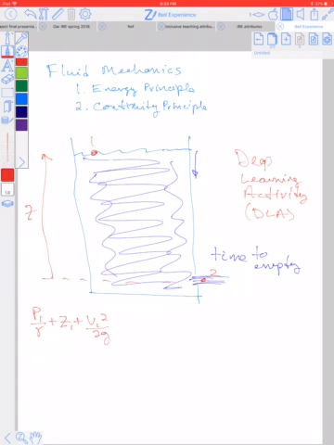So the pressure at point 1 divided by its specific weight, plus the height at point 1, plus the velocity at point 1 squared divided by 2g, minus the head loss, which is a frictional loss right where the water exits the tank, equals the pressure at point 2 over the specific weight plus the height at point 2 plus the velocity at point 2 squared over 2g, where g is the acceleration due to gravity. So that's the energy principle.